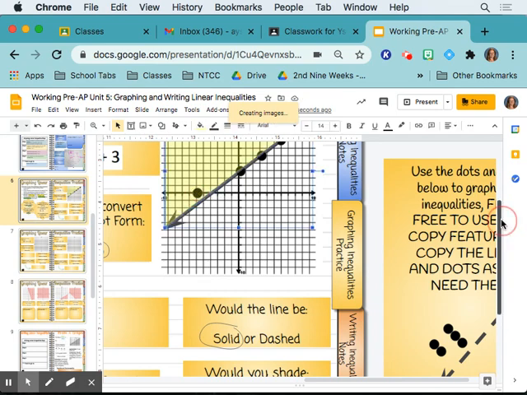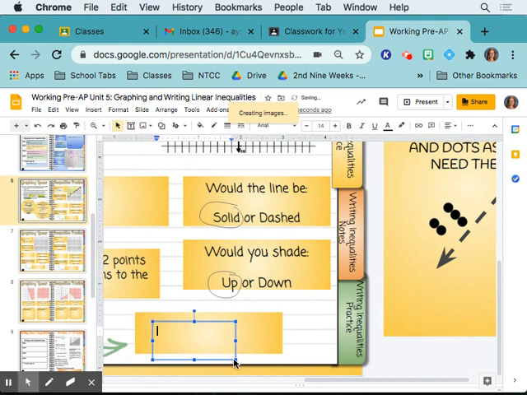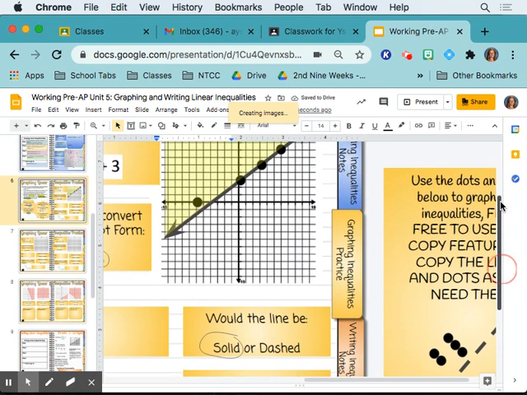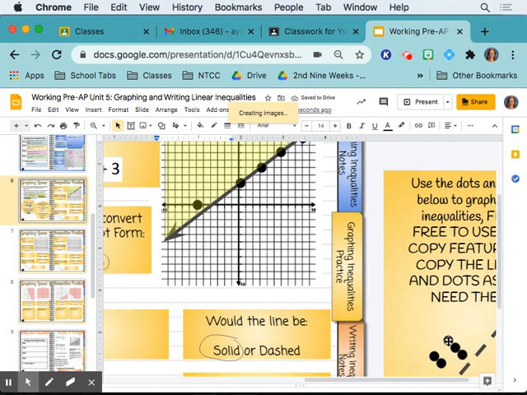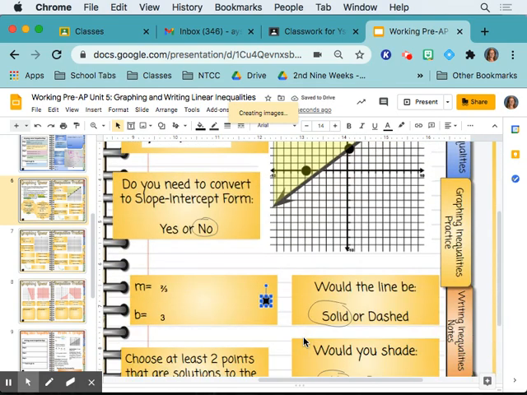Negative 6, 0. And then we need one more. We could pick one that's on the line. Well, I wouldn't want to do that. Let's do negative 3, positive 3.